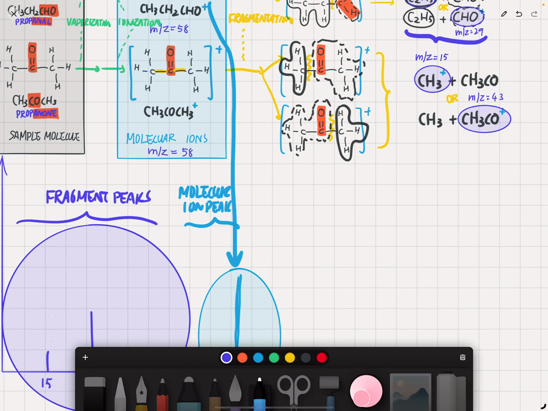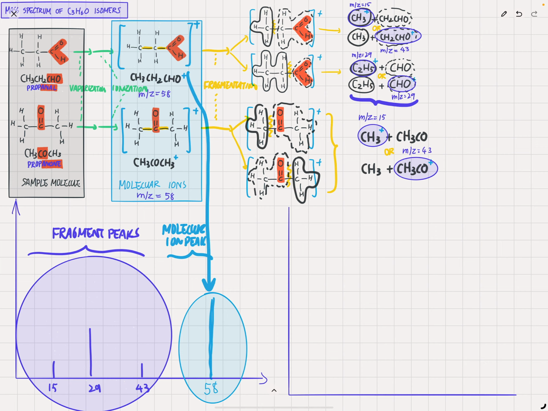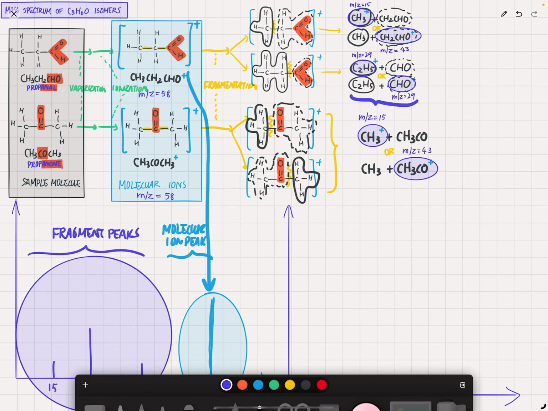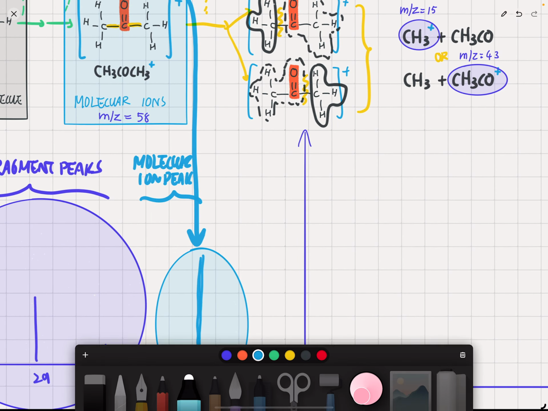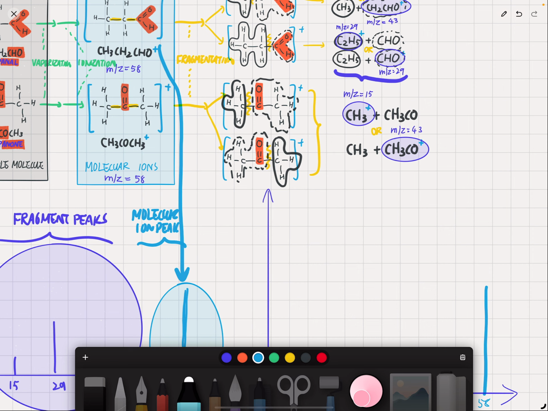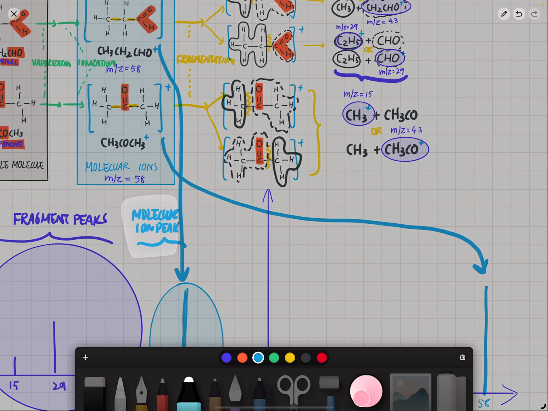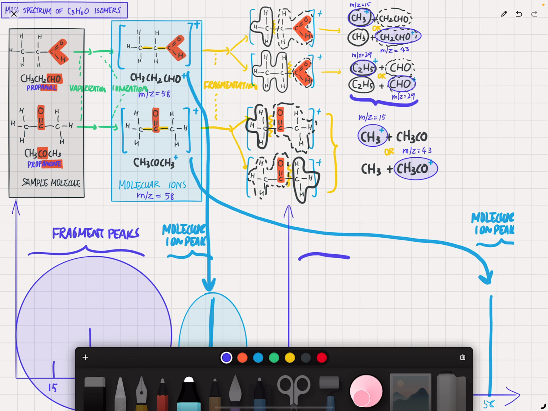When we look at the mass spectrum of propanone this time, we continue to have a molecular ion peak with a mass to charge ratio of 58, because this came from this molecule. Then we have the other fragment peaks.